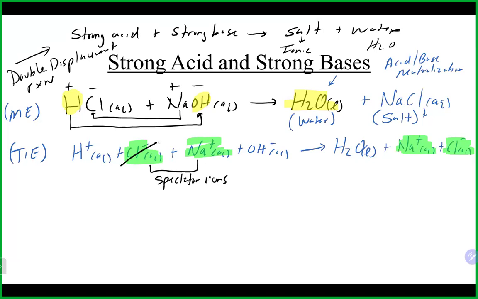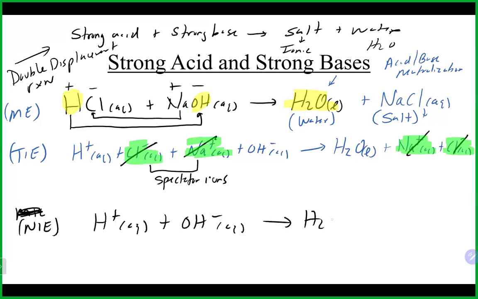And just like previously with our spectator ions, we will completely cancel it out and that leaves us a net ionic equation, there you go, of H plus and OH minus makes H2O. And this is why it is called an acid-base neutralization reaction, because essentially what is happening here is the formation of water. And that is one of the three reasons why a reaction takes place, is that formation of water.